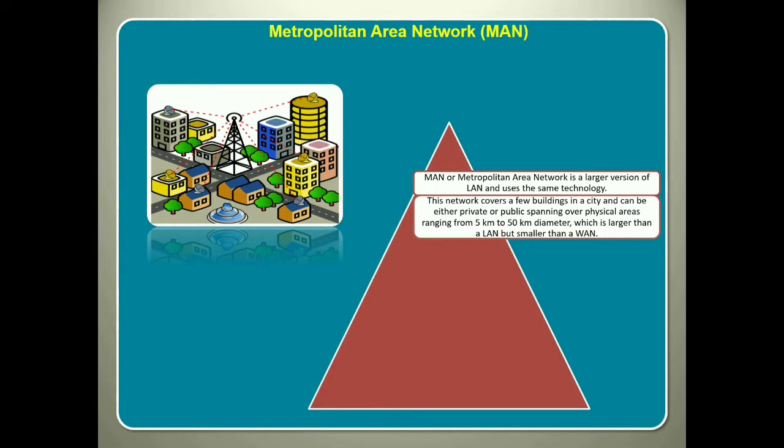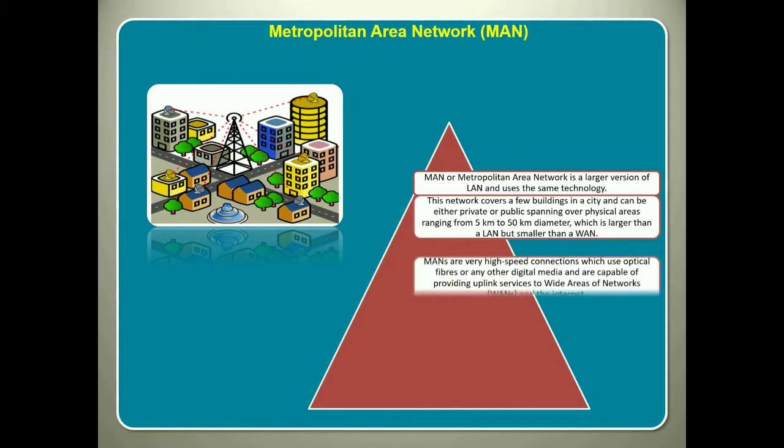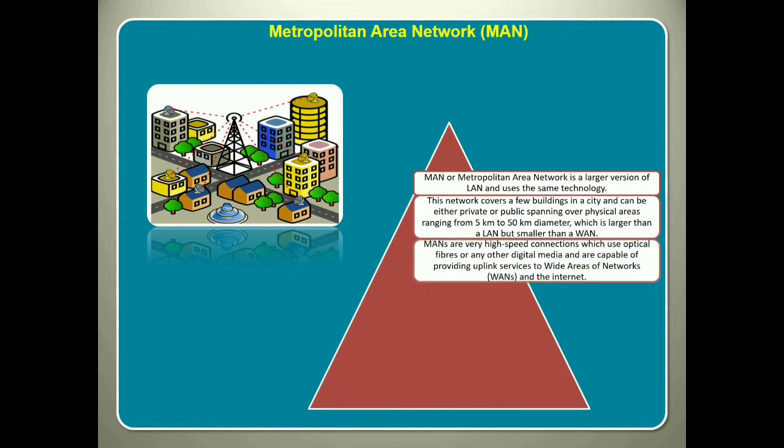It can be either private or public, spanning over physical areas ranging from 5 kilometers to 50 kilometers diameter, which is larger than a LAN but smaller than a WAN. MANs are very high-speed connections which use optical fibers or any other digital media and are capable of providing uplink services to wide areas of networks or WANs and the Internet.